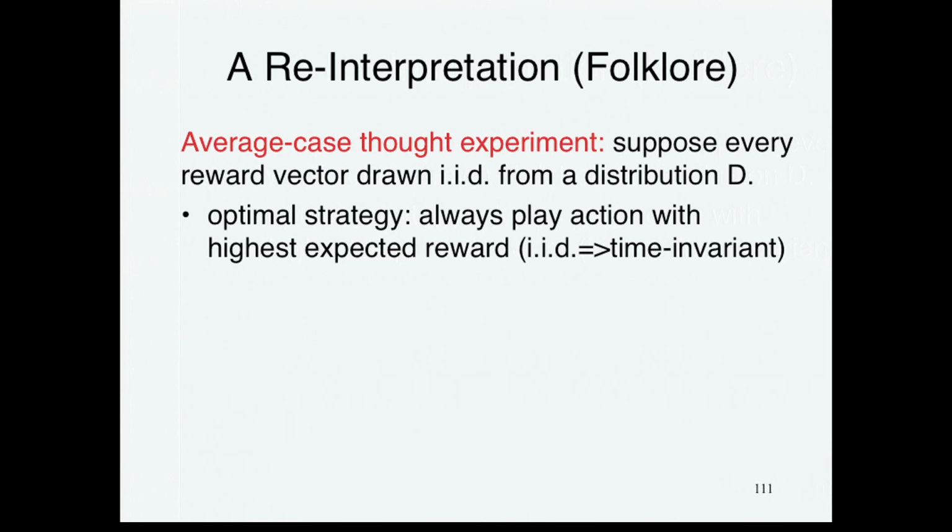So if you knew the distribution and you knew that reward vectors were being drawn from it, you would just play the same optimal action every single time step. You would use a fixed action if you knew that it was IID from a distribution D. Suppose you didn't know D, but you knew the reward vectors were IID. Well, you don't know D, so you don't know the best fixed action, but you know there's some fixed action which is optimal.